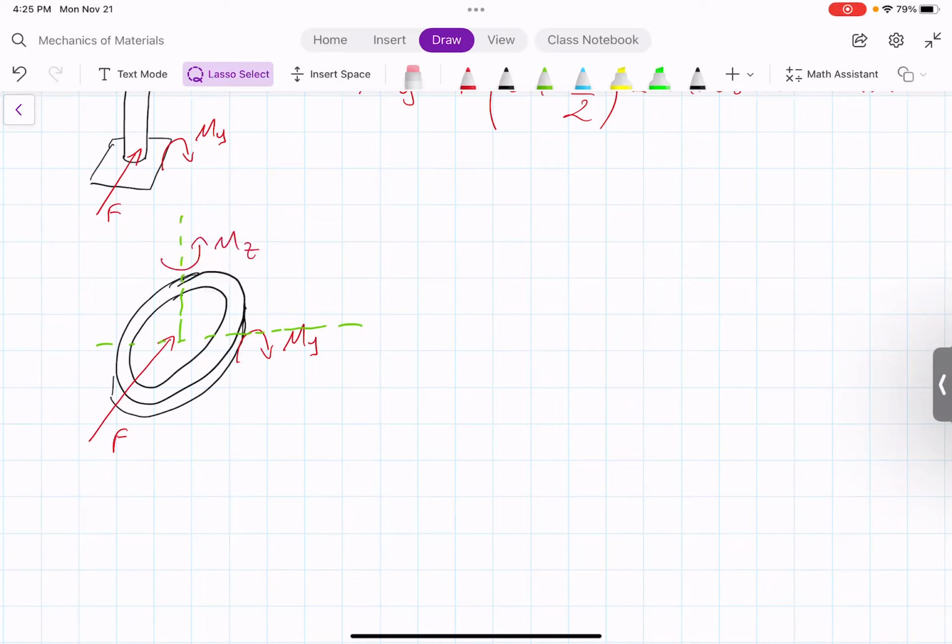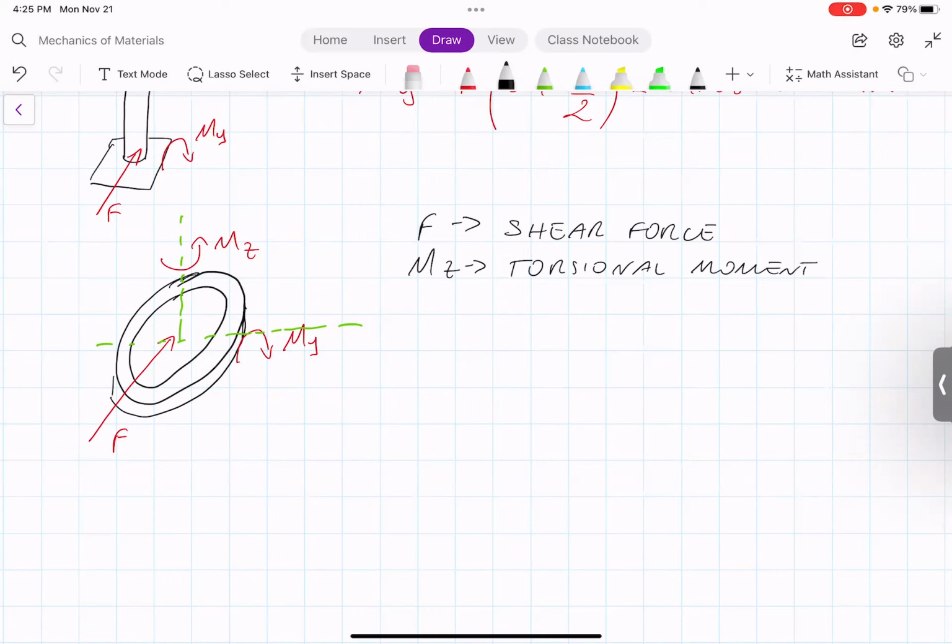Also F is a shear force. So if we list the effect of all these loads, we have that F is a shear force. Then we have mz, that is a torsional moment. And then we have my, that is a bending moment.